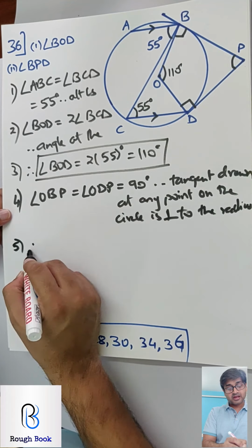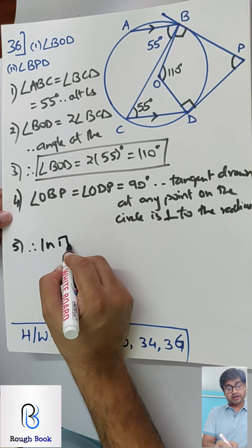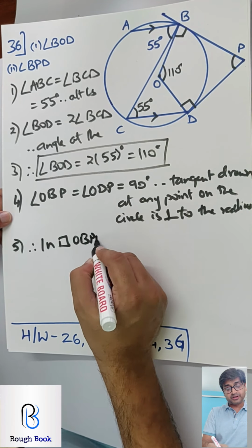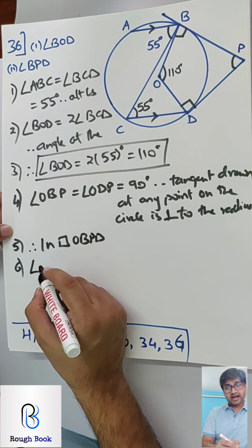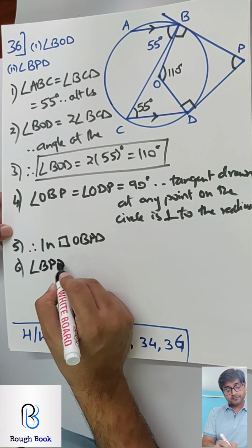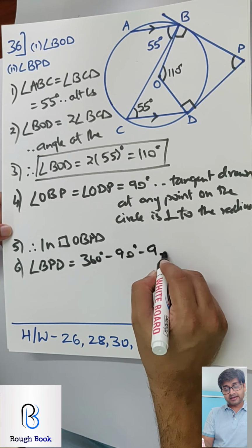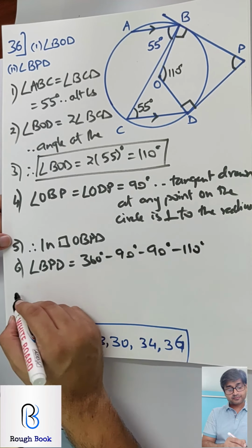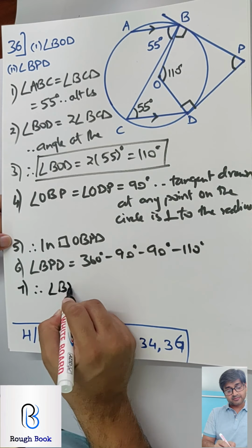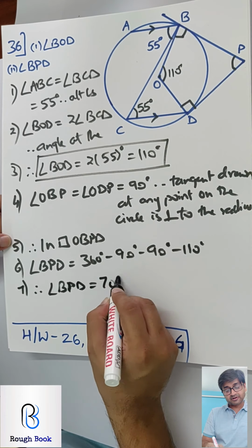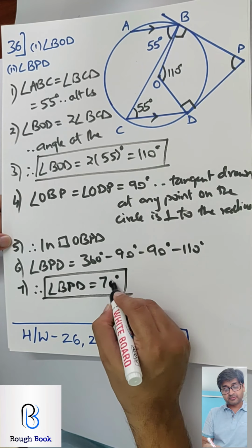Please write it. And finally, in quadrilateral OBPD, we will say angle BPD is 360 minus 90, 90, 110. So therefore I shall get BPD as 70. And that's your final part.